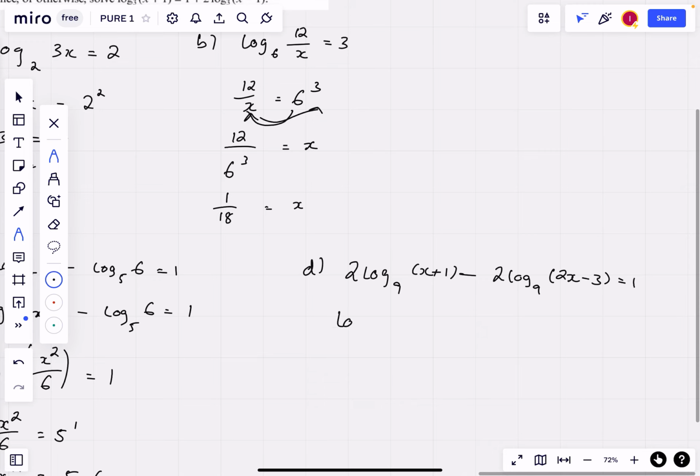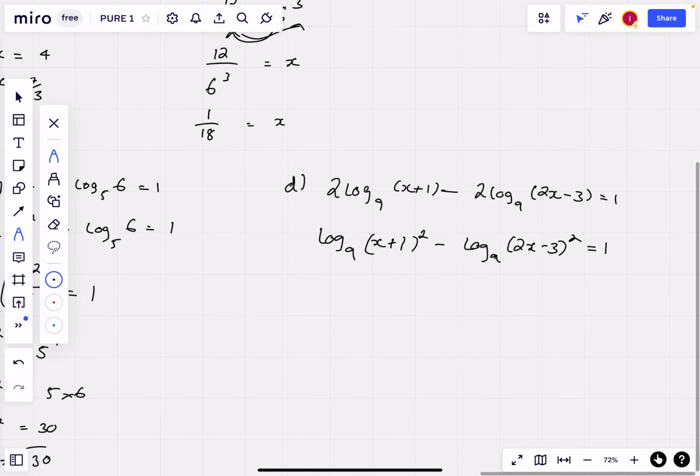Now use the power rule: log 9 of x plus 1 squared minus log 9 of 2x minus 3 squared equals 1. Now we do the division. All of that is going to be log base 9, and that equals 1. We now do the equivalence.